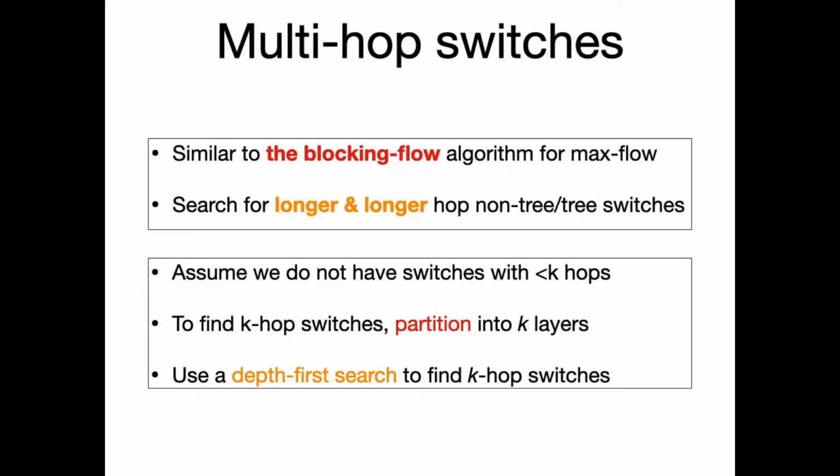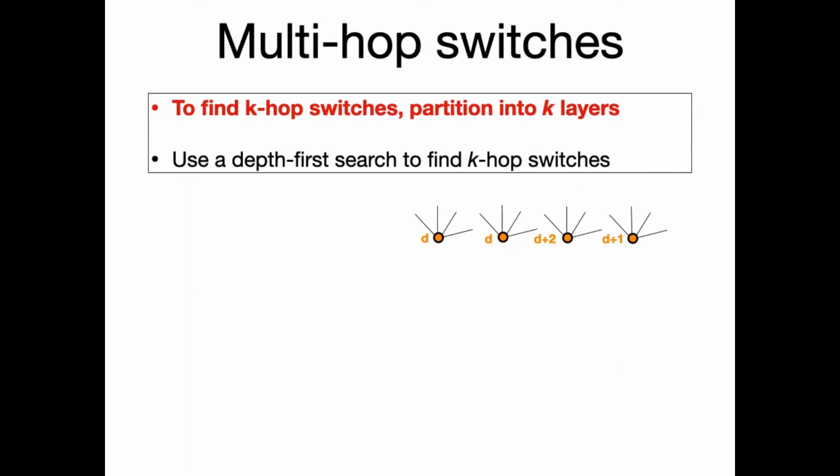And then we try to find k-hop switches. The first step is to partition the graph into k layers, and then we use a depth-first search. To partition the graph, we first collect all vertices with degree at least d, and then put them on the first layer.